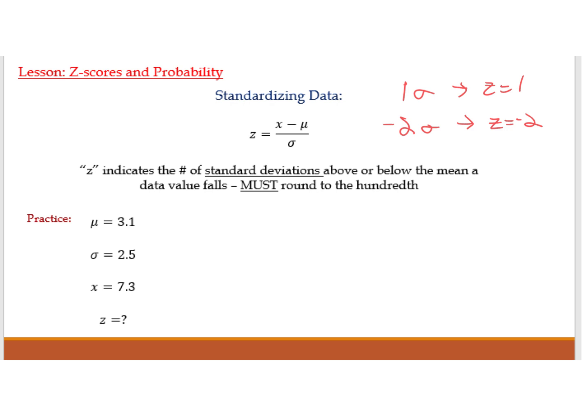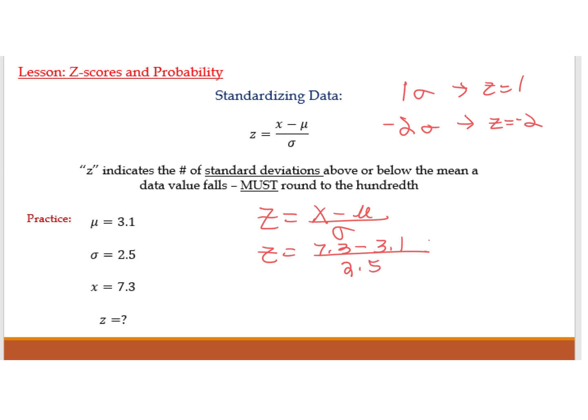We are given a formula, z is equal to x minus the mean over the standard deviation. And what we're going to do is plug in these values. I'll plug in x is 7.3 minus the mean, which is 3.1. That is divided by the standard deviation, which is 2.5.